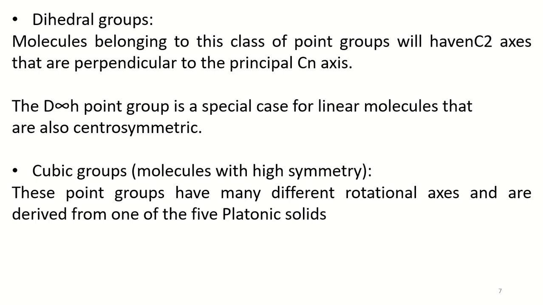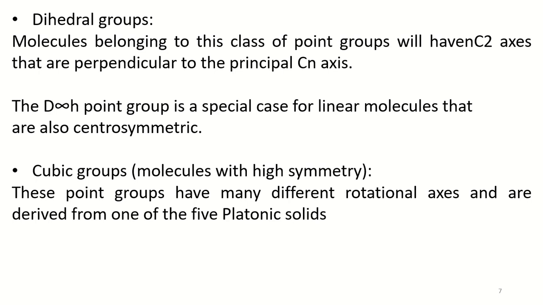If a horizontal mirror plane is also present, the molecule will necessarily have an Sn improper rotational axis that is collinear with its principal axis, and n vertical or dihedral mirror planes.